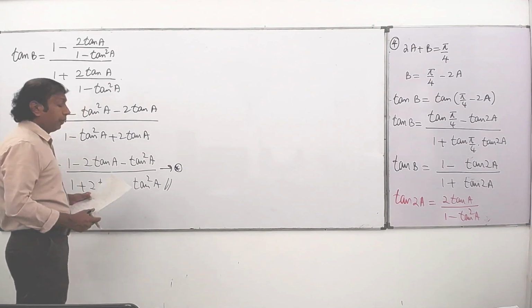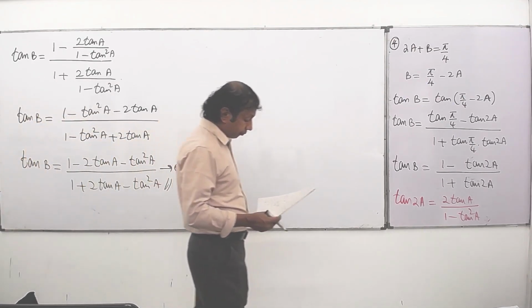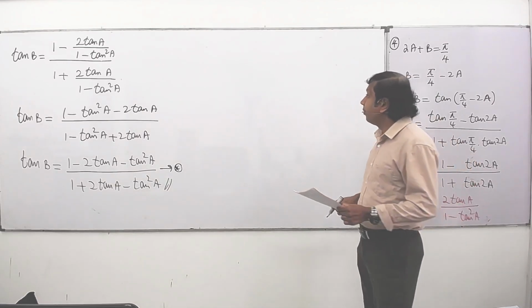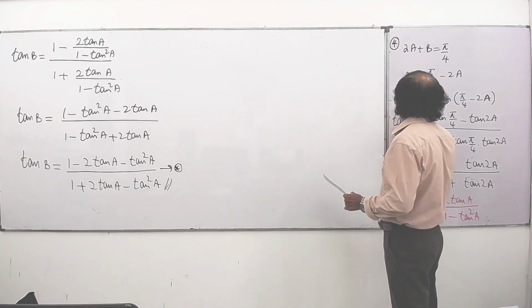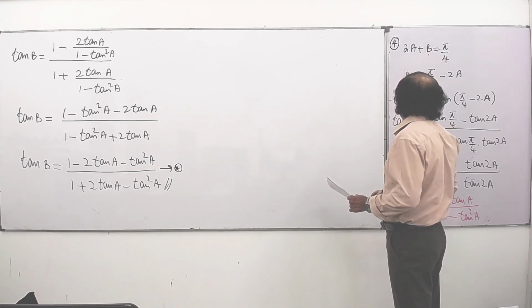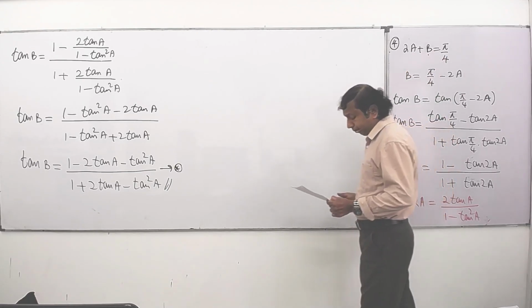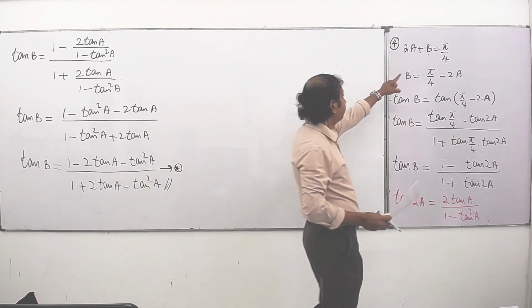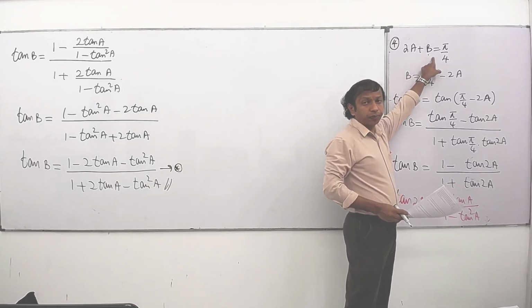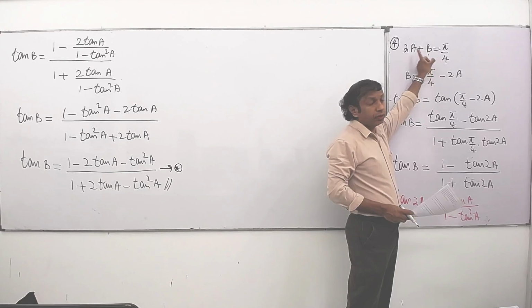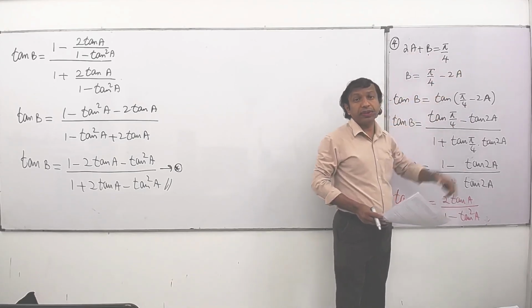Right. Now what we do, people, here we are given 2A plus B equals 5 by 4. So then, in this relation, suppose this angle B is 0. Then 2A equals 5 by 4, A equals 5 by 8.